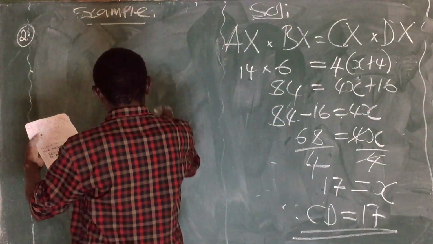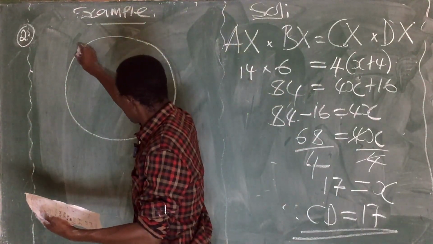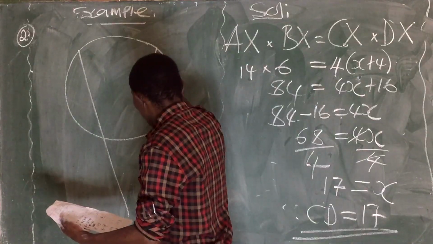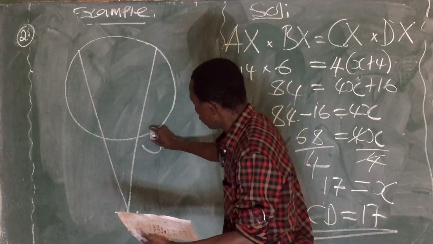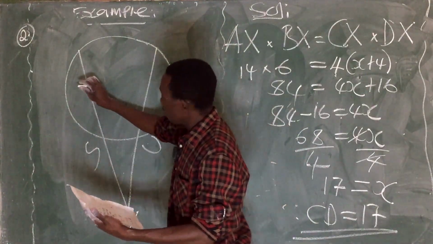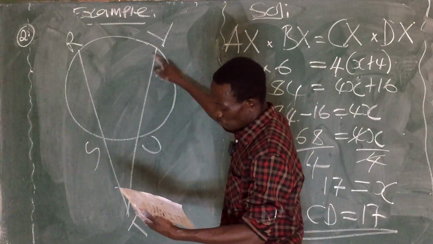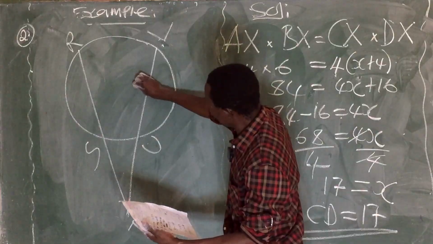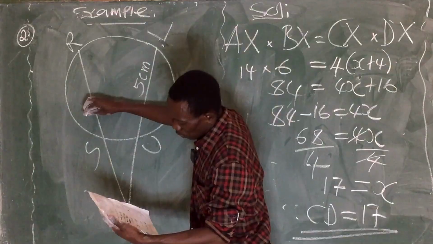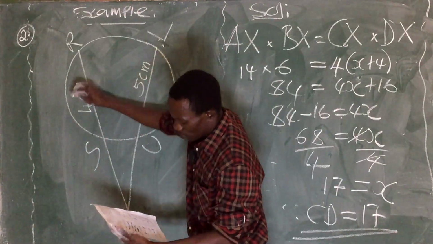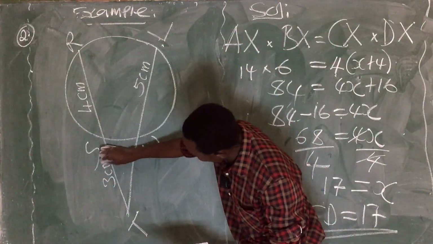So what we have here is just the circle again, like this one. And it is going to intersect with another one at a point like this one here. This is point T, this is point U, this is point C, this is R, this is V. So have the distance from C to V as 5 centimeters, and S to R is 4 centimeters, and then T to S is given as 3 centimeters.